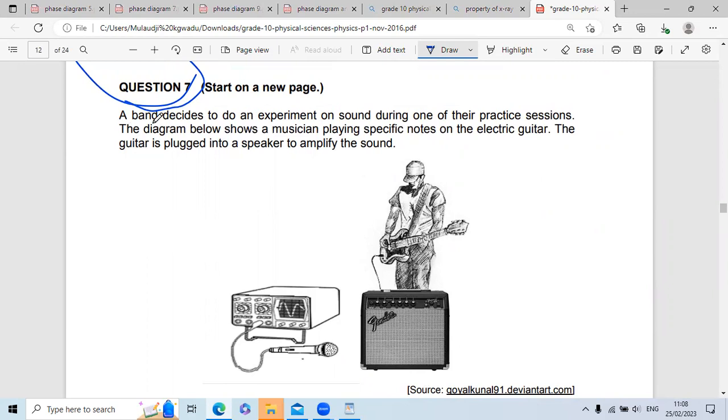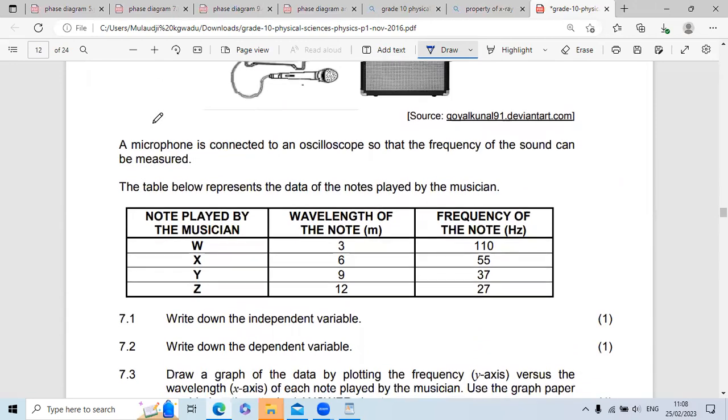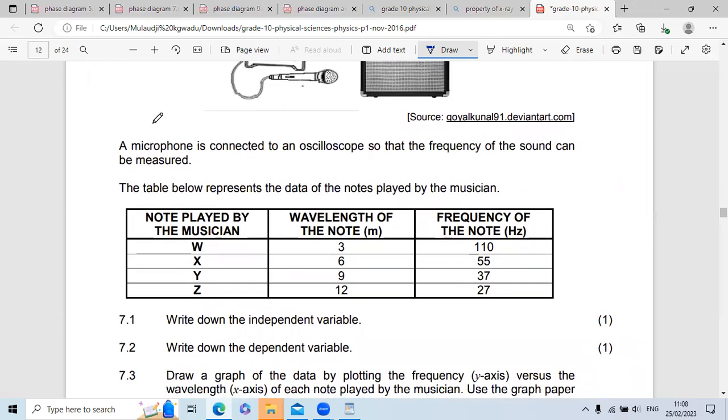Let's look at this experiment. They say a band decides to experiment with sound during a practice session. The diagram below indicates the musician playing specific notes. The guitar is plugged into a speaker to amplify the sound, and a microphone is connected to an oscilloscope so that the frequency of the sound can be measured.